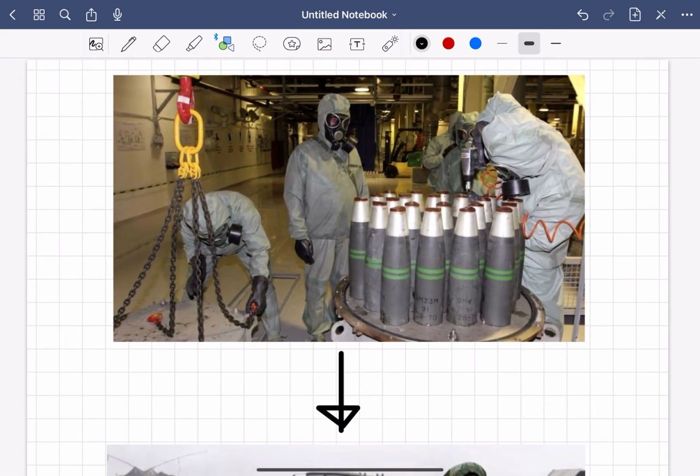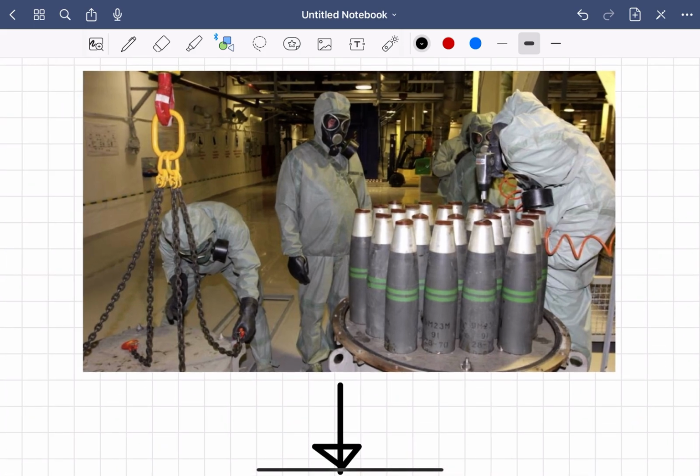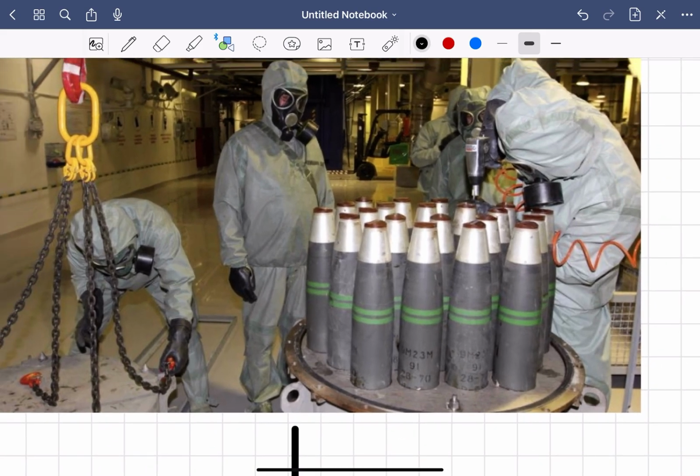Over here, we can see that although there is a vaccine for the plague, we still misuse it in different ways, such as biological warfare. There's a group of soldiers or individuals in the military, it looks like, dealing with biological weapons, and these seem to be some kind of bombs that contain different types of diseases such as the plague.